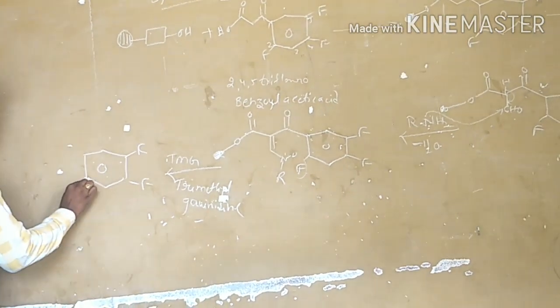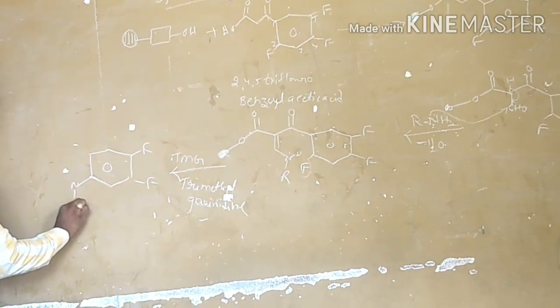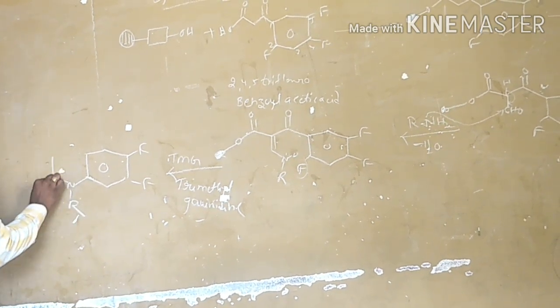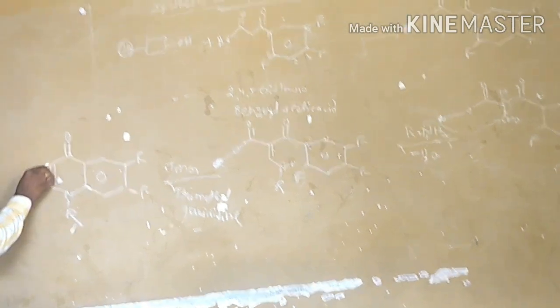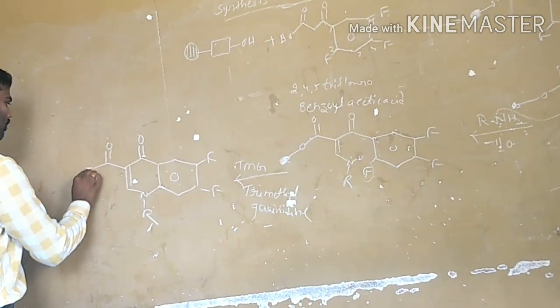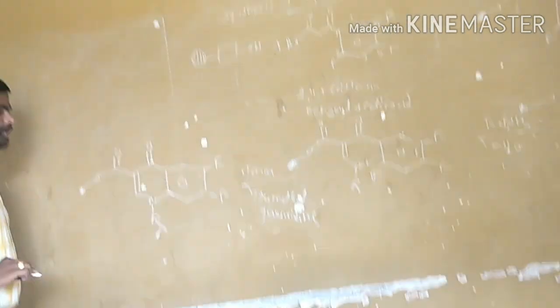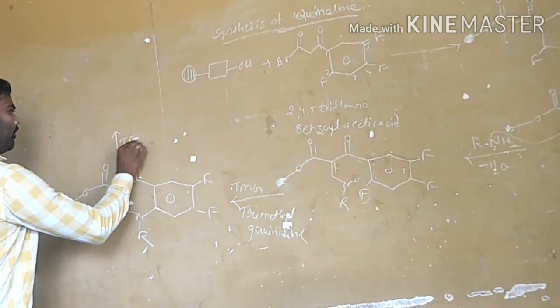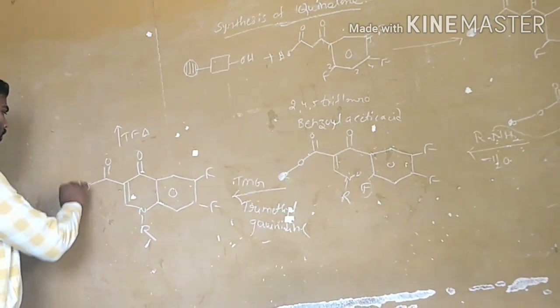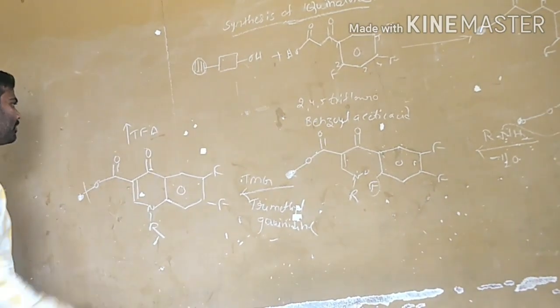Here N or O, resin bonded. And here in the presence of TFA, trifluoroacetic acid, to cleave the resin bead.